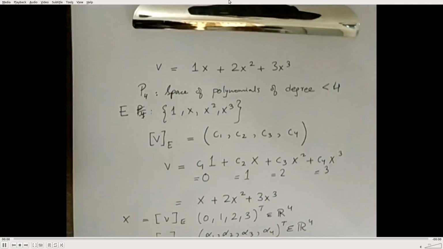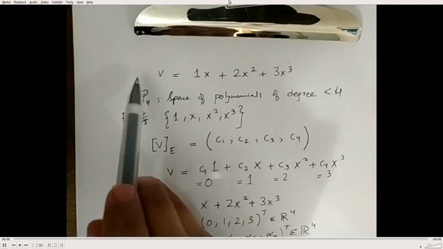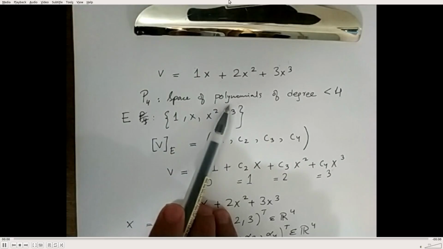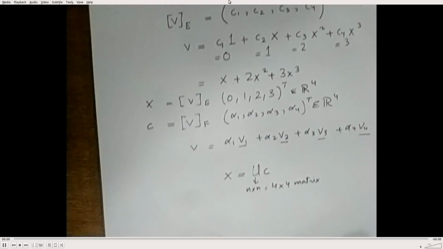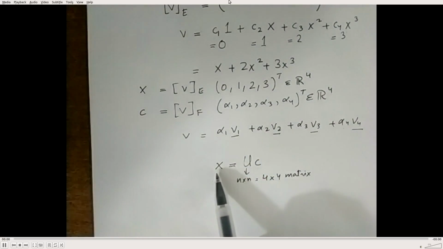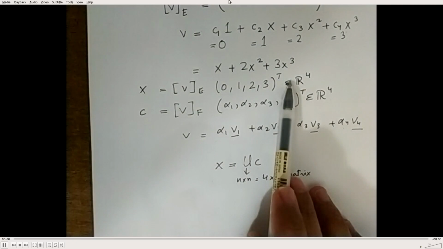But all of this I did to represent just the idea that we're now talking about a general vector space. We are talking about polynomials now. These can be functions, these can be matrices, whatever have you. And you can apply the same idea of a transition matrix because the coordinates themselves will be in Rn.